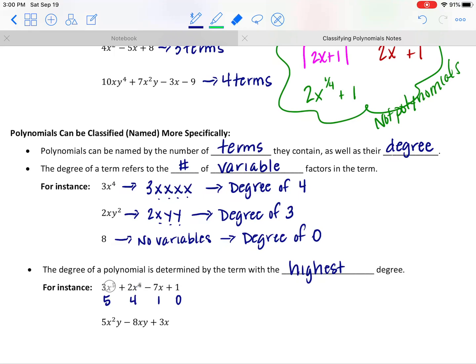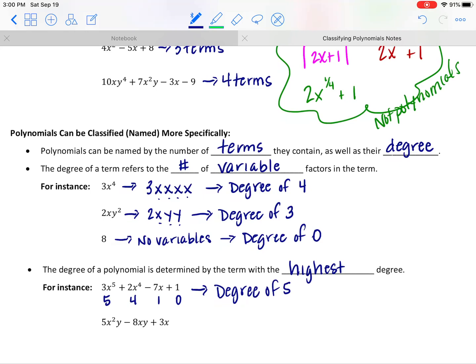Okay, so I have the degree for each of the terms. Now the degree for the entire polynomial is dictated by the term that has the highest degree. So since the term with the highest degree is 5, we would say that this polynomial has a degree of 5 because 5 is the highest. So the whole polynomial has a degree of 5.